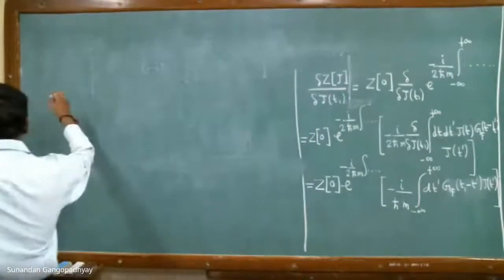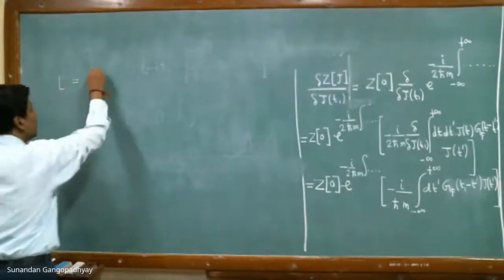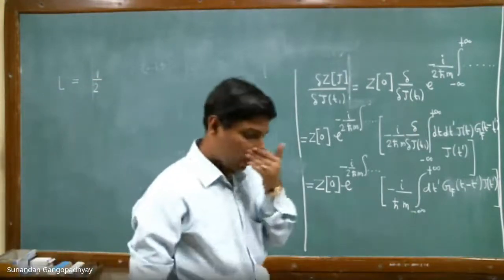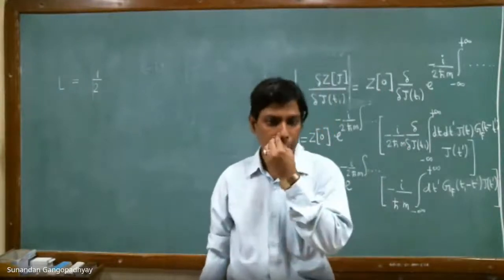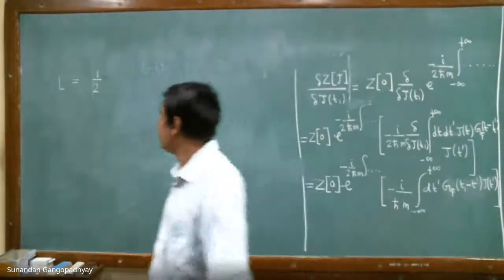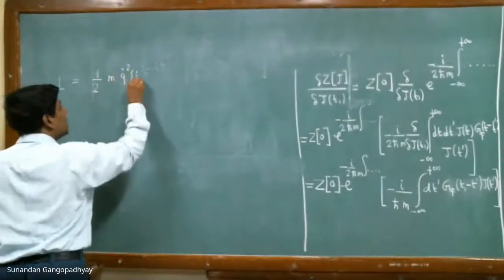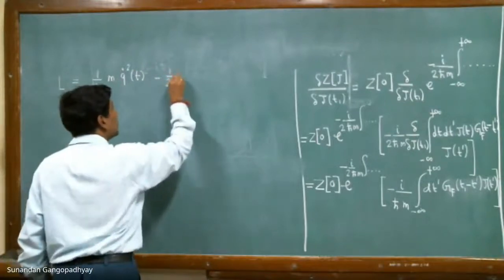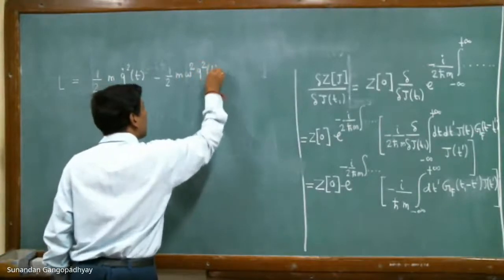But now let us take a theory. Suppose I write down, once again, a one-dimensional quantum harmonic oscillator. So there is only one degree of freedom, and there is obviously one time direction. So the Lagrangian of this quantum harmonic oscillator is this.